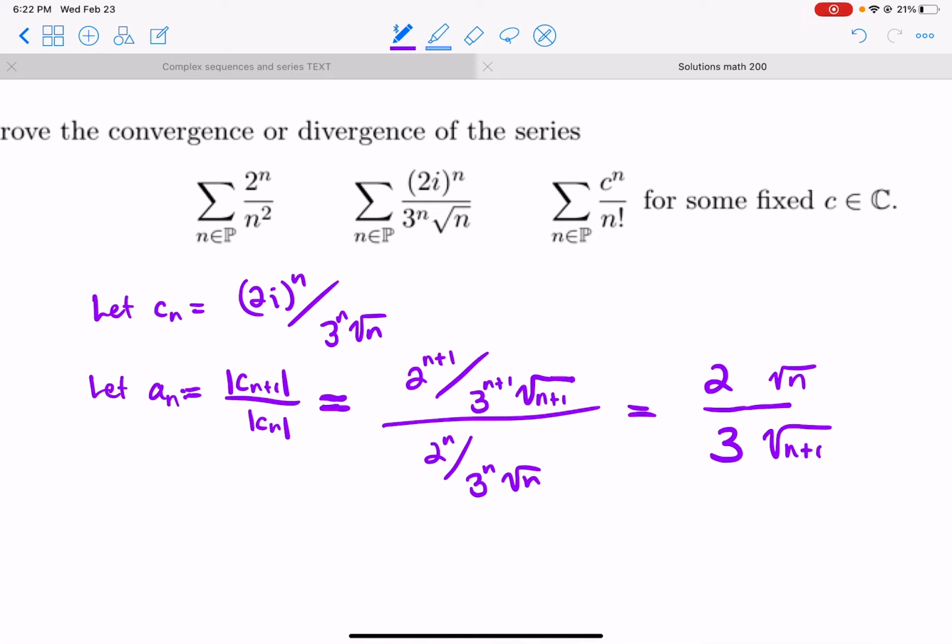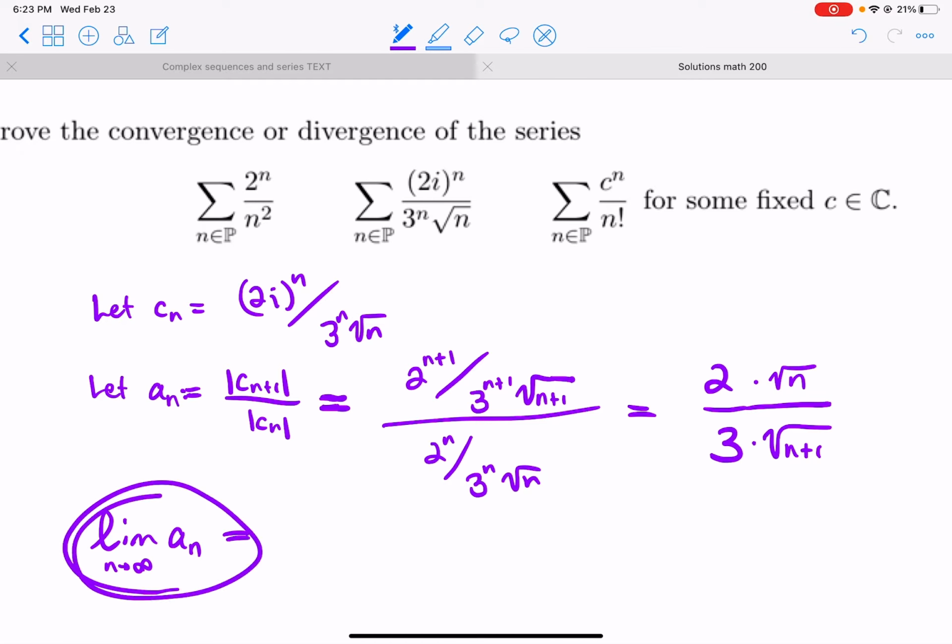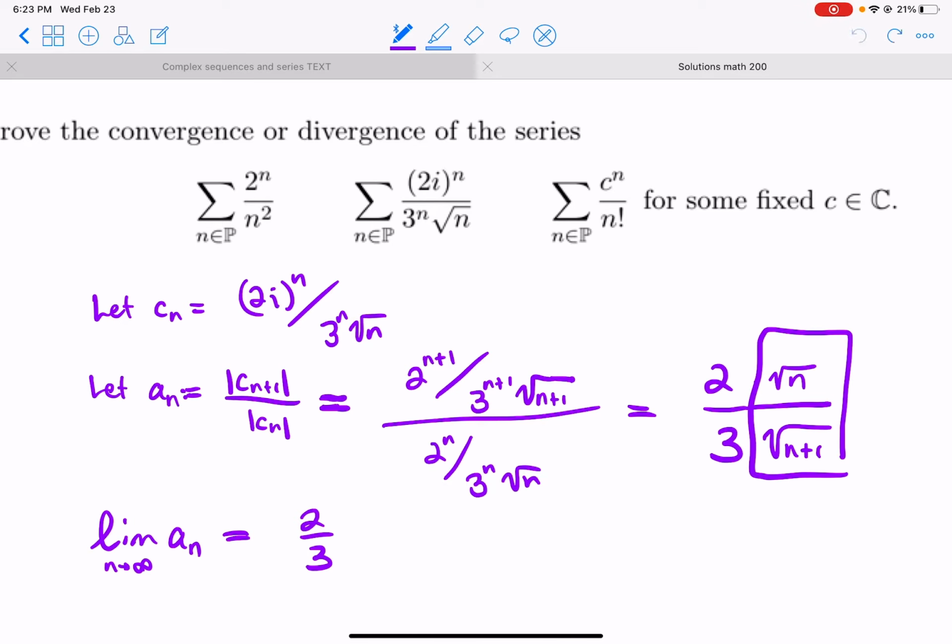Okay, I believe that is correct, in which case the sequence of ratios of the terms of this series converges to a limit, namely 2/3. This just becomes a 1, and the limit is 2/3.